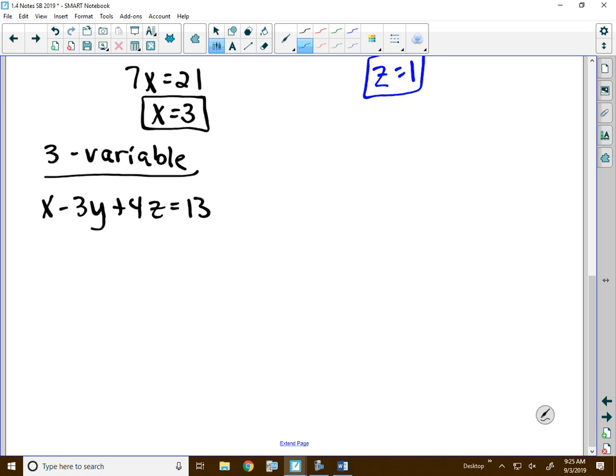Okay, I'm going to plug in what I already have. So I have z and I have x. Now the only variable that should show up in that equation once you've done your substitution is y. I'm going to let you go ahead and solve for y by yourself.